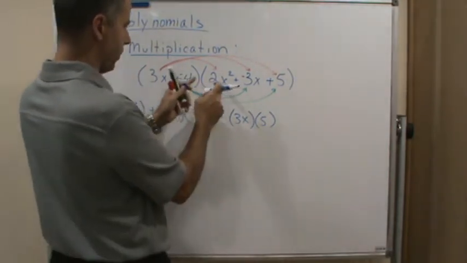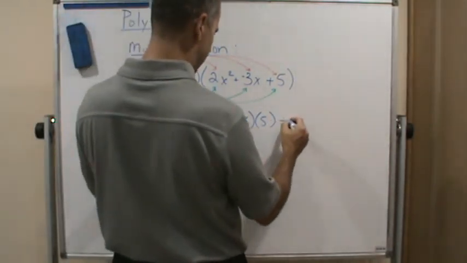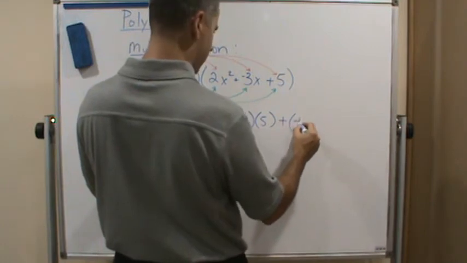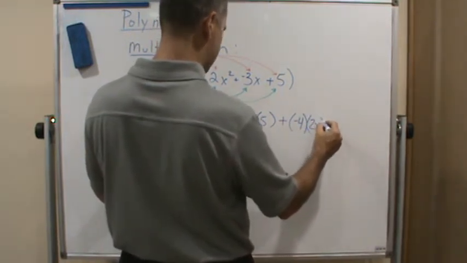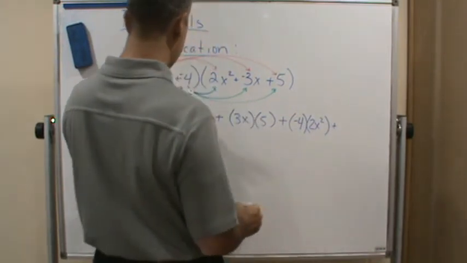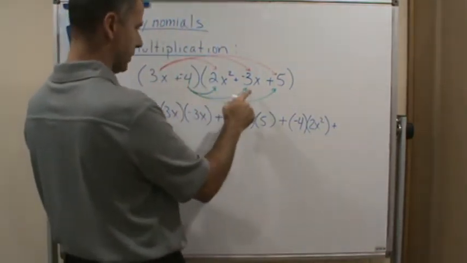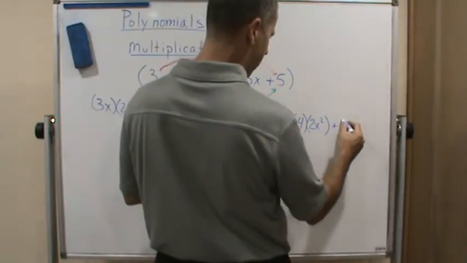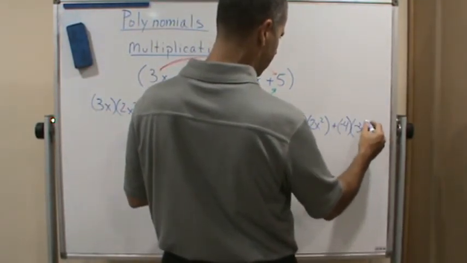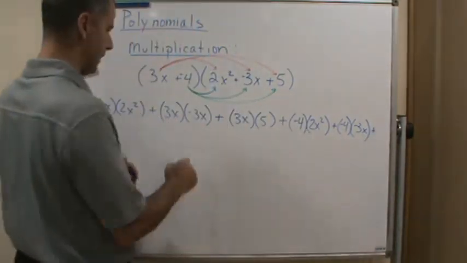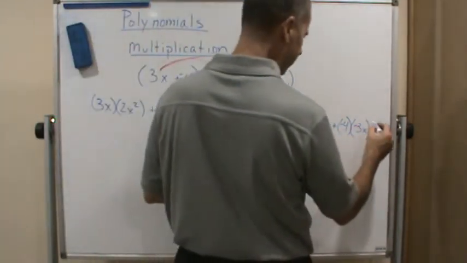Negative 4 times this: plus negative 4 times 2x squared, plus negative 4 times negative 3x, plus negative 4 times 5.